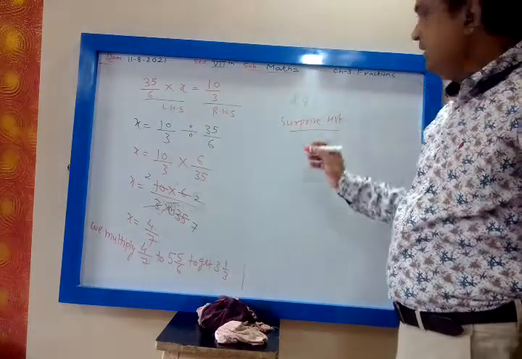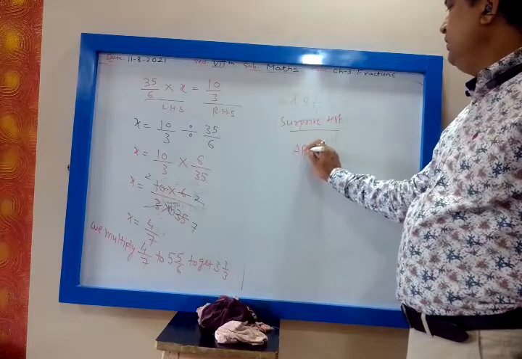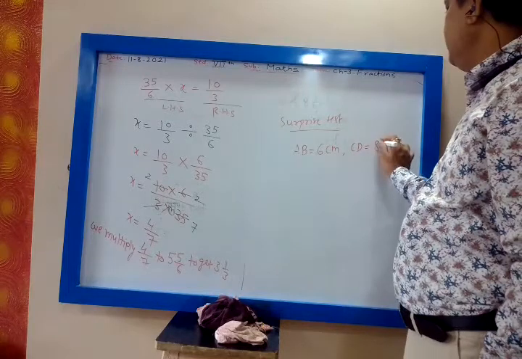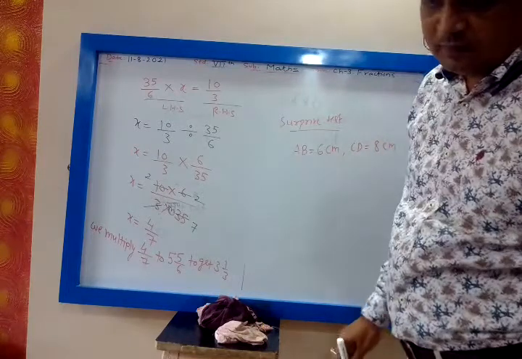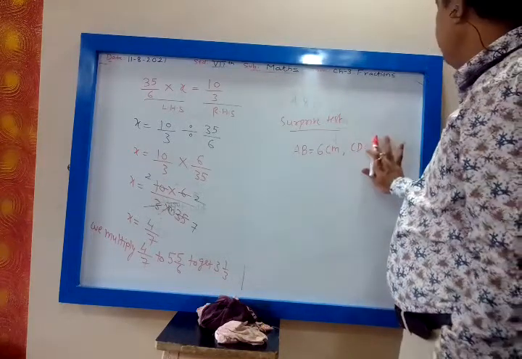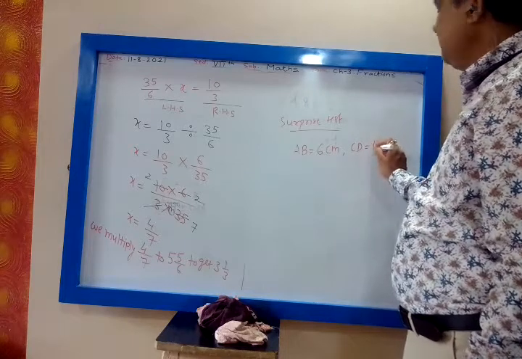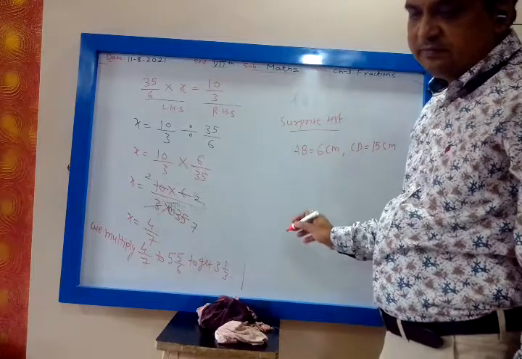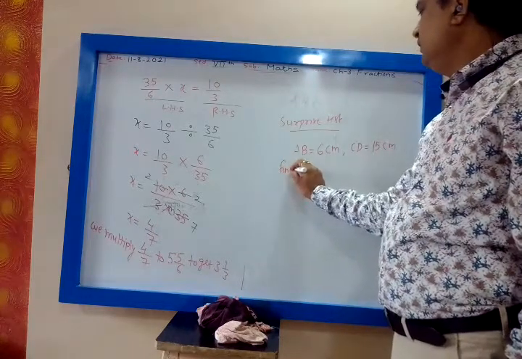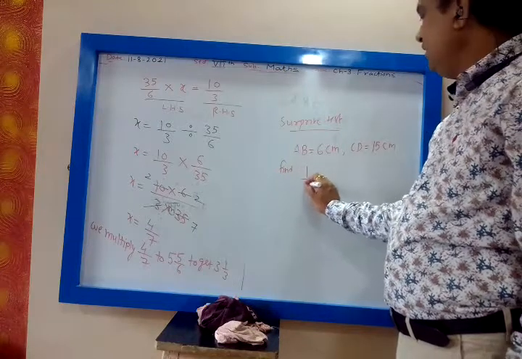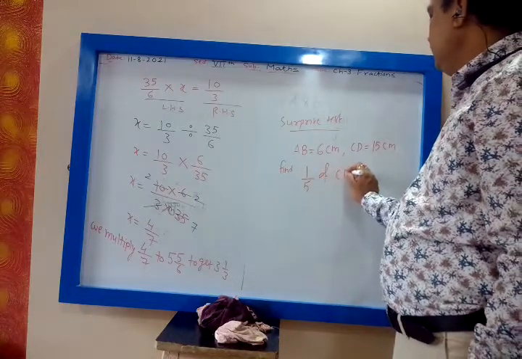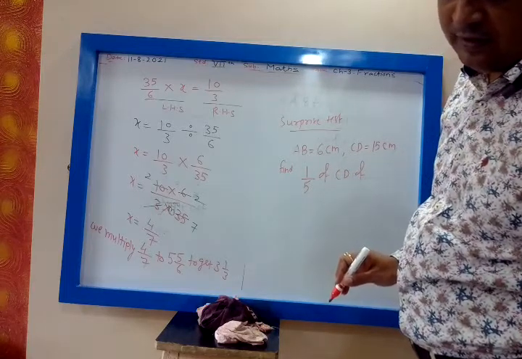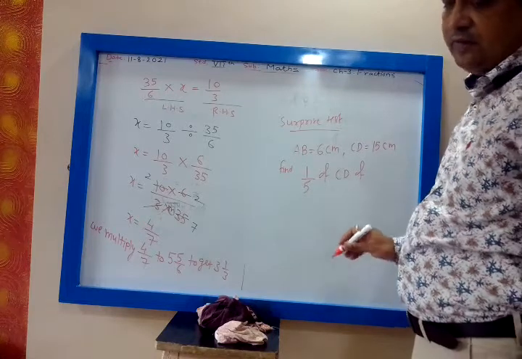AB is 6 centimeter, CD is 15 centimeter. Find 1 by 5 of CD of AB.